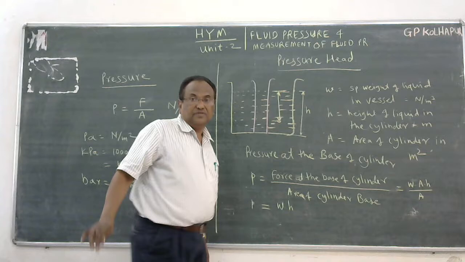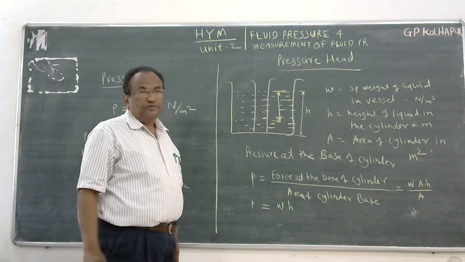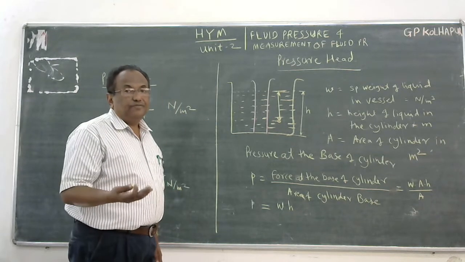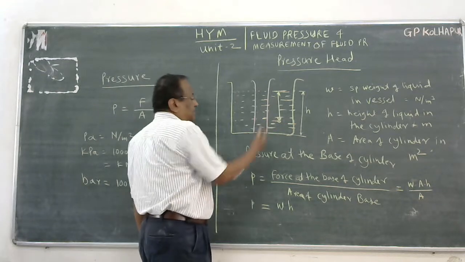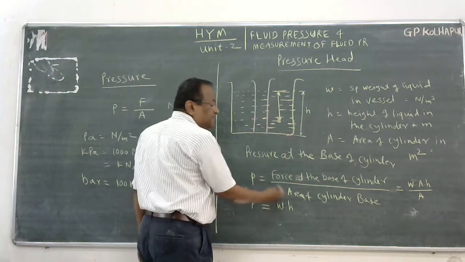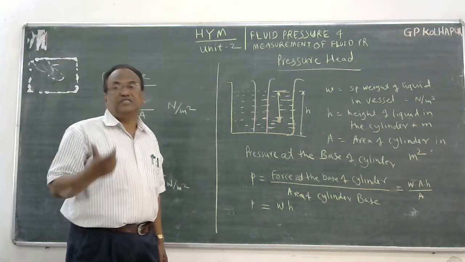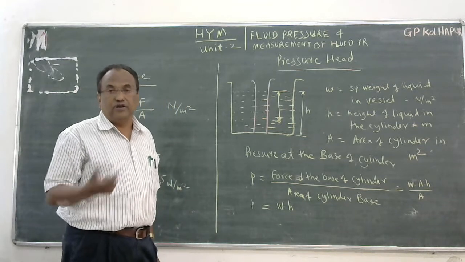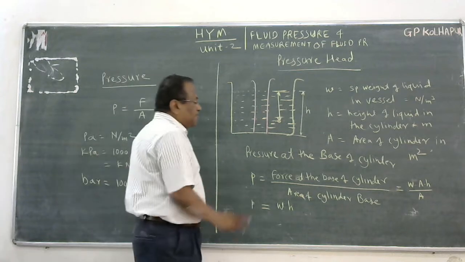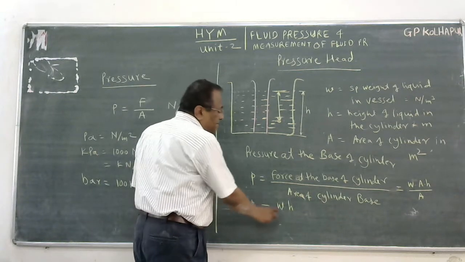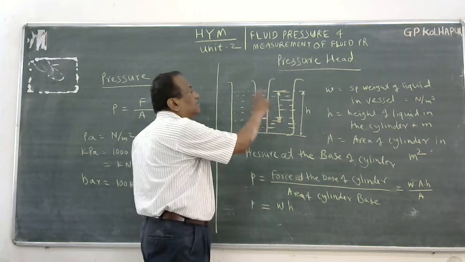So if you want to get the pressure, you multiply the height by specific weight, and you will get the pressure in Newton per meter square or kilonewton per meter square. Also, you can express the pressure in terms of meters. That is called a pressure head.